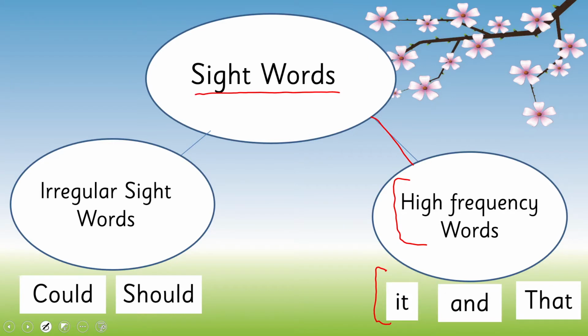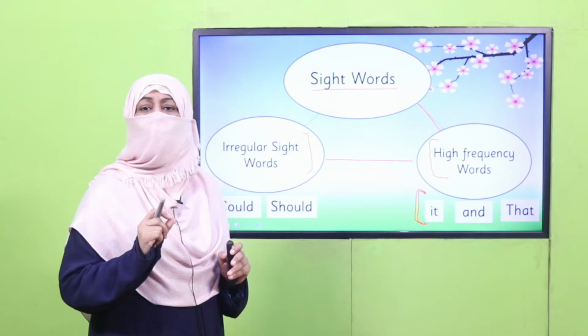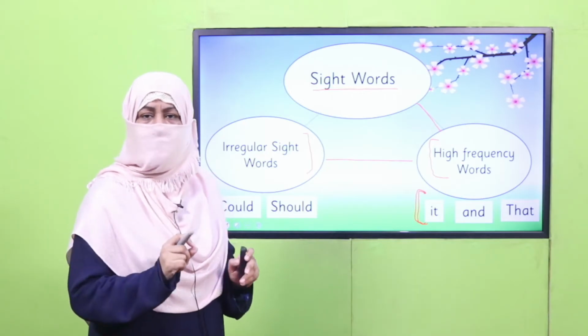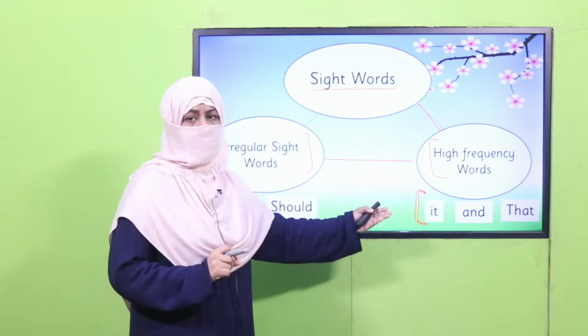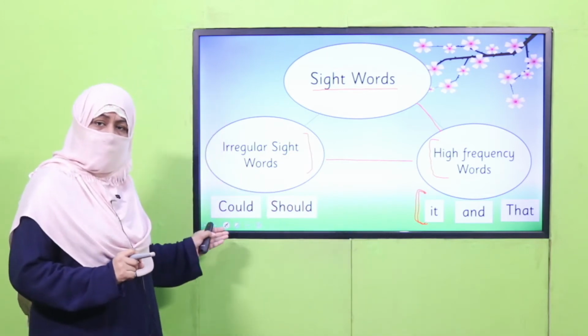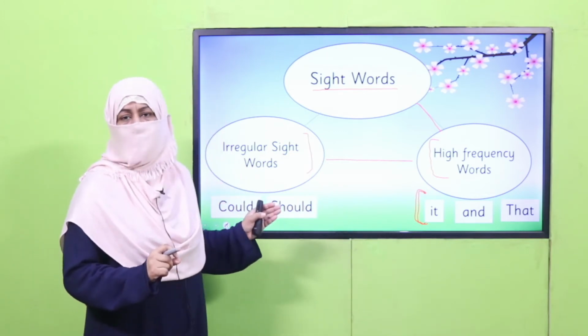And irregular sight words are the words which are different. Now, what is the difference between these two? These words we can spell, and the way we have learned individual sounds, we can break them to say. But for irregular sight words, we cannot spell them in that way.